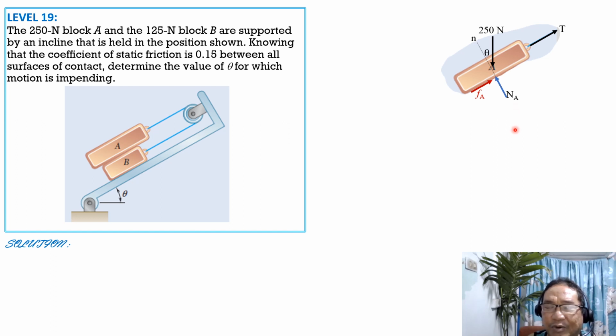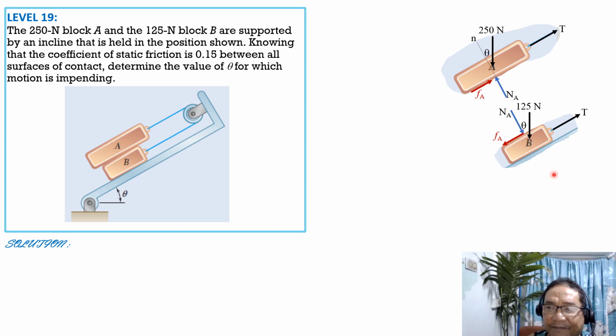Then for the lower free body diagram, let's transmit these forces on the underside to the lower FBD. So FA is now going down because by the action-reaction principle, this is NA, the weight of block B is 125 newtons, and this angle is also theta.